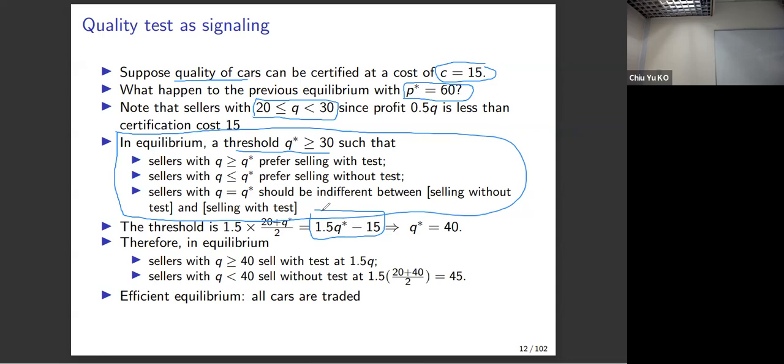And one interesting thing is, the price before is 60, right? And the price in the market with certificate actually lower. So if you do regression or do empirical analysis, it need not be the case where when you have some things certified, the price always go up, because this price probably you don't observe, right?